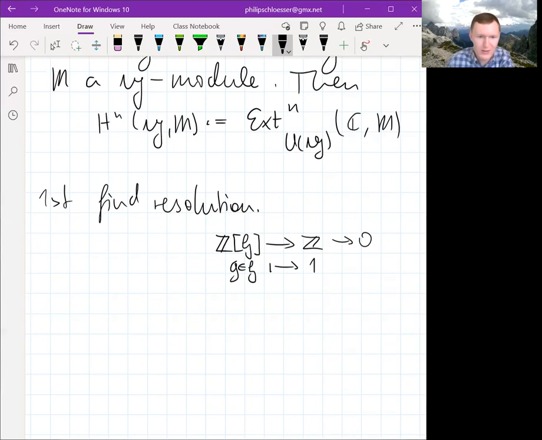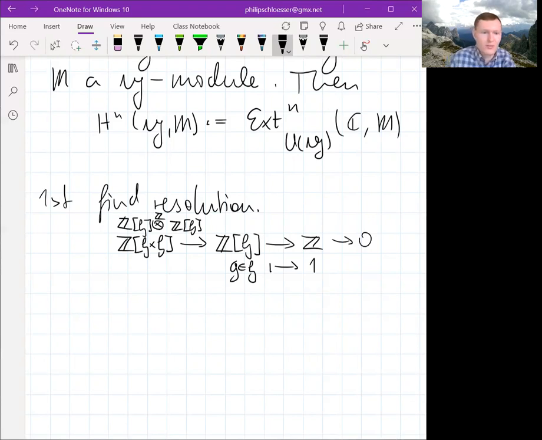Now the kernel of this map is generated by differences of two elements in G. One way we can achieve this is by taking Z adjoint G cross G, which I think is just ZG tensored over Z with ZG.